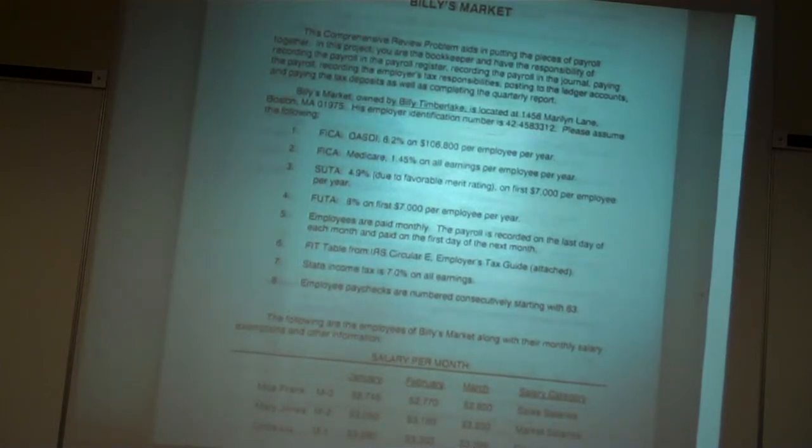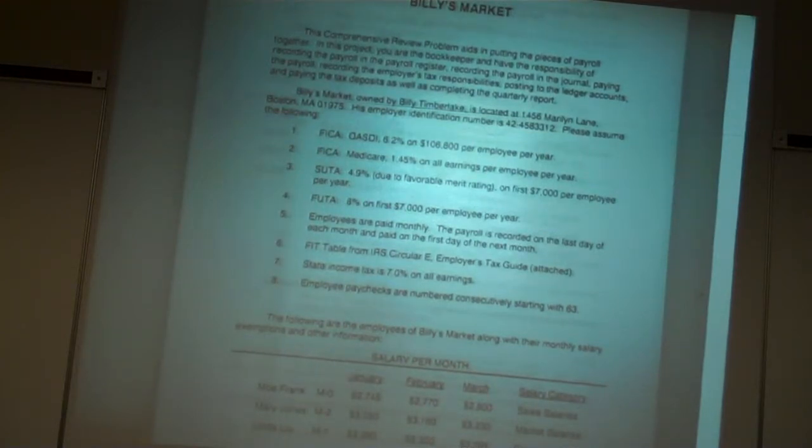Please assume the following. Why do we need all of that? For the 940. We need it for the form, because we have to fill out that top portion. This is what your test will look like. I have to give you some information. The FICA OASDI is 6.2% on $106,800 per employee per year.